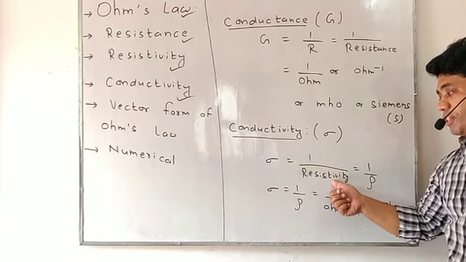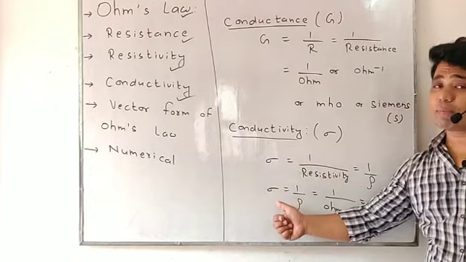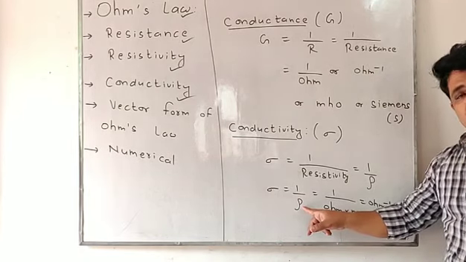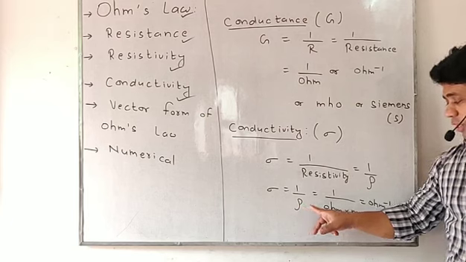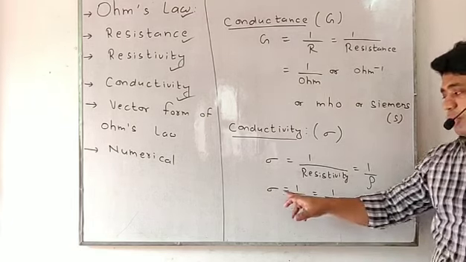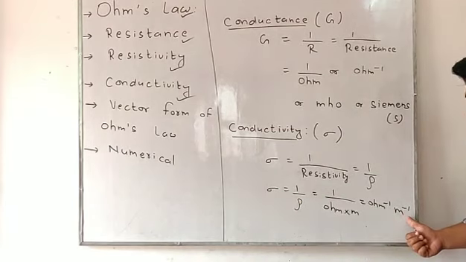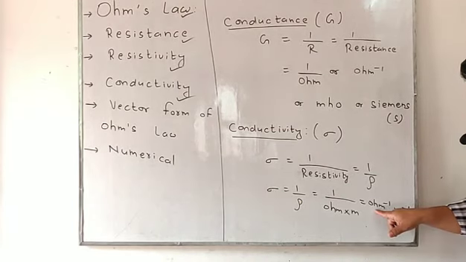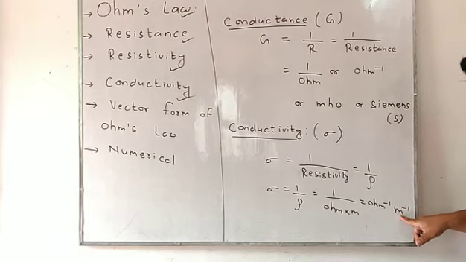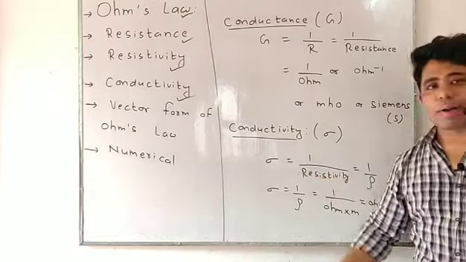We found the unit of resistivity is ohm into meter, so its reciprocal is ohm inverse meter inverse. So the unit of sigma is ohm inverse meter inverse, and ohm inverse can be replaced by Siemens. So Siemens per meter is another unit of conductivity.